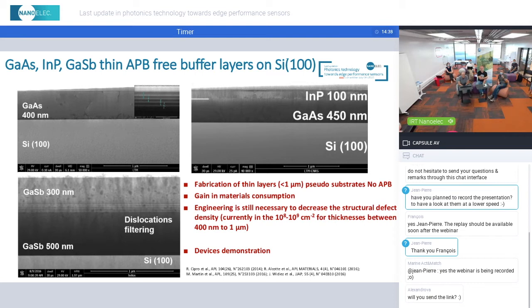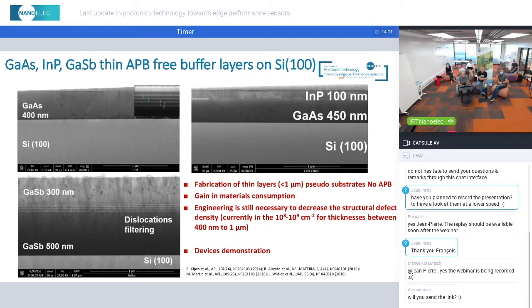On top of this gallium arsenide, we can also grow indium phosphide to provide an indium phosphide platform. And we have also demonstrated that we can form gallium antimonide on silicon. And all these three types of platform, gallium arsenide, indium phosphide, and gallium antimonide, are free of antiphase boundaries, antiphase domains. But still, we have to work on decreasing the dislocation density.